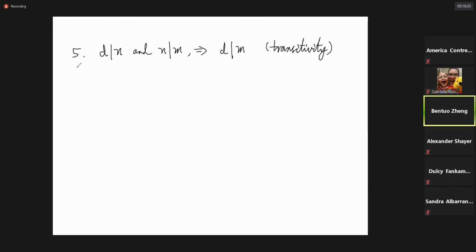Number 6 is the multiplication property. That is, d divides n would imply a times d divides a times n. So this is called the multiplication property.